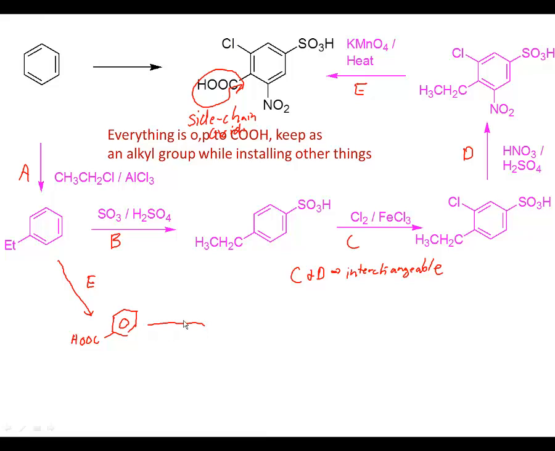Now, whatever we do next is going to place the carboxylic acid and whatever comes in a meta direction. And notice that if you look at this, there's nothing meta to the carboxylic acid group. So you've got to wait to oxidize the carboxylic acid group.